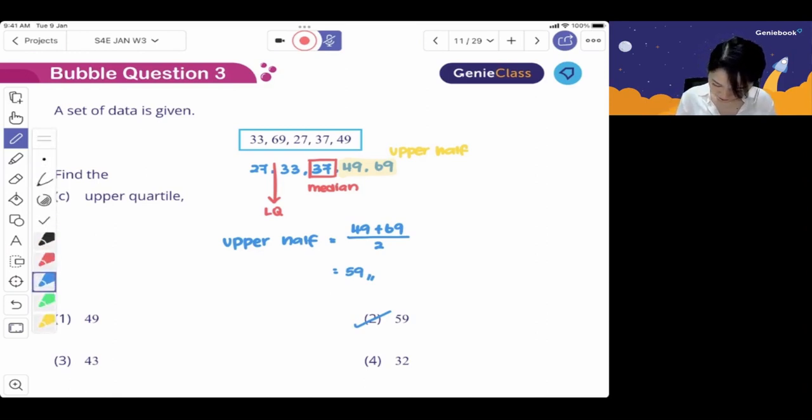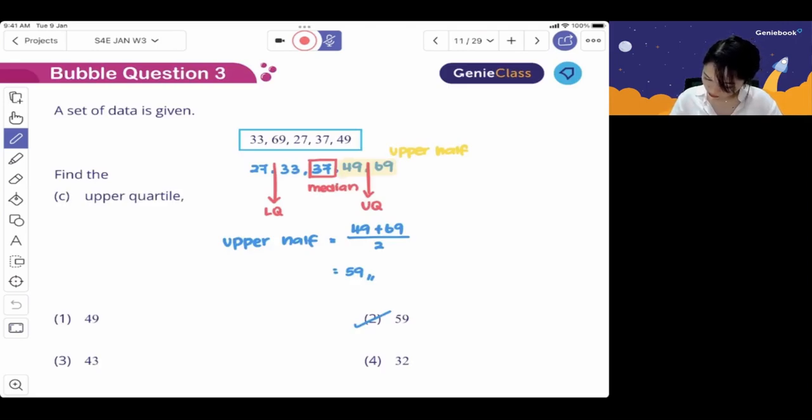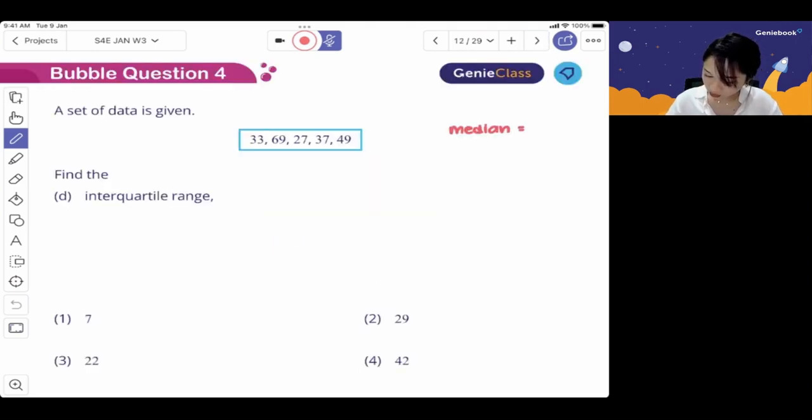So that is our position here. This will be our upper quartile. Now, I found my median to be, sorry, just give me a minute. Median is 37, lower quartile. Just to let you know, in your answers when you're writing in school, you can't actually put LQ.